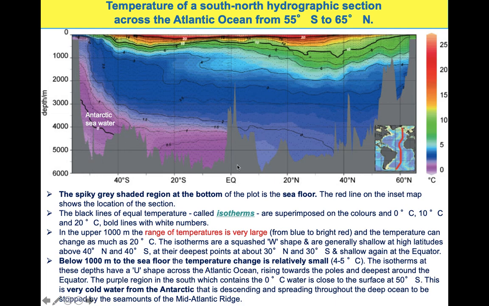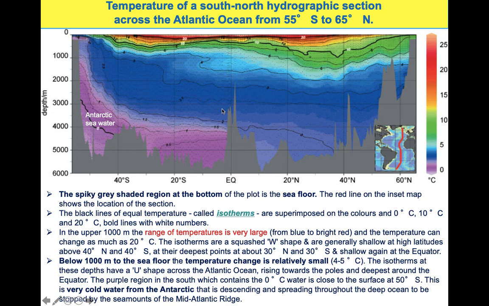The gray area, again, is the seafloor, and it's highly exaggerated, of course, distance versus depth. So that's why we have these enormous spikes, but actually it's not as spiky as what you see here. But notice that as you go from south to north, at some point you're crossing the mid-Atlantic ridge, right there, with high bathymetric elevation.